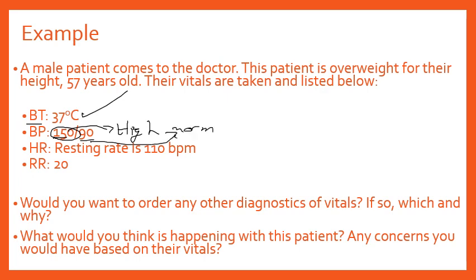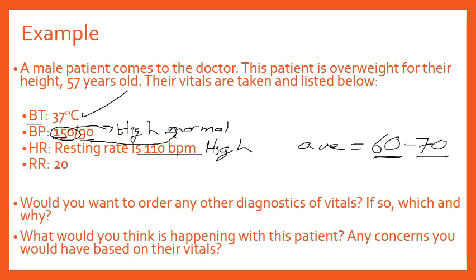It's like within a decent range. Their resting heart rate is 110. This is high. The average resting heart rate should be somewhere around 60 to 70. That's still on the high end. 60 is pretty good. The lower your resting heart rate, the healthier you are thought to be. And their respiratory rate is still a little bit high.